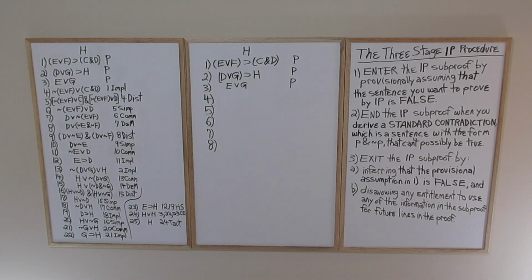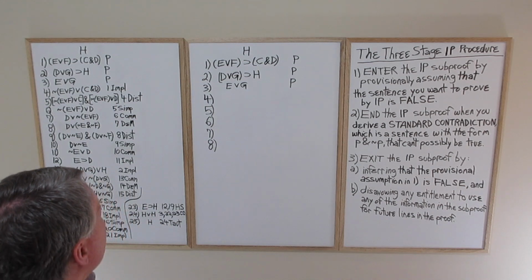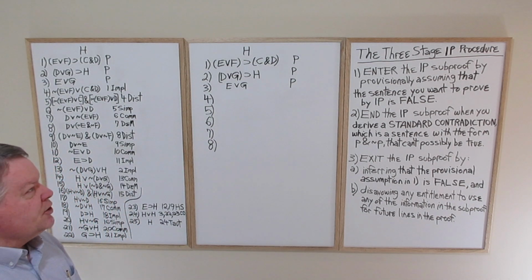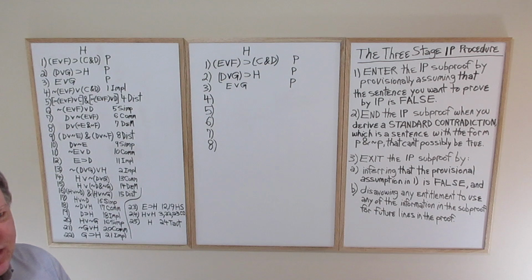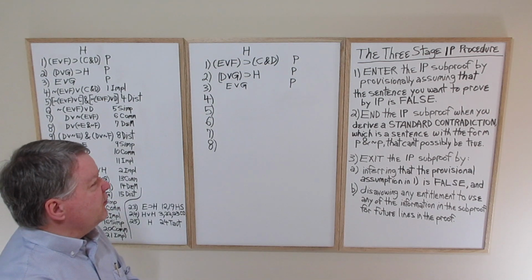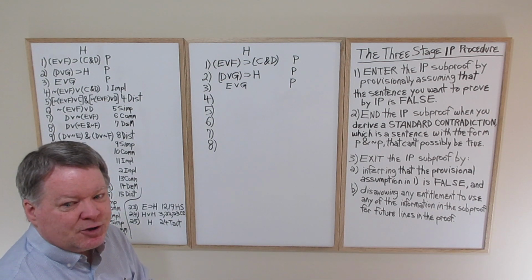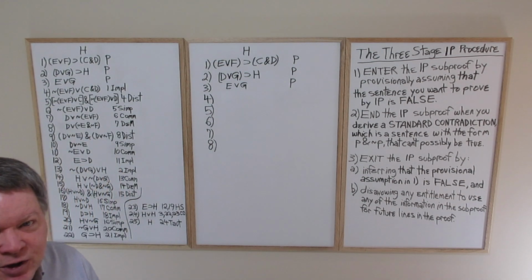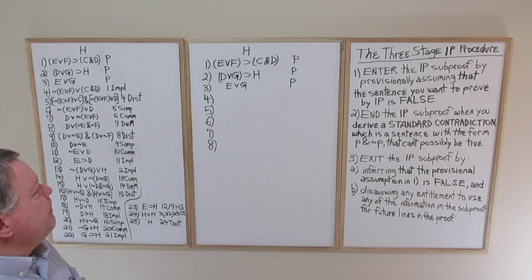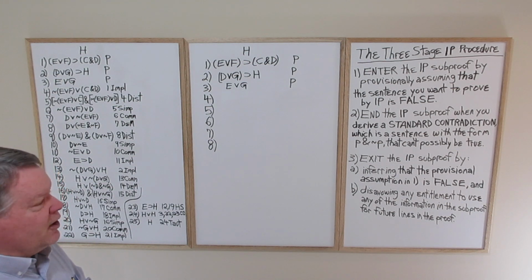Having familiarized ourselves with the CP subproof procedure, we can now move on to the three-stage IP subproof procedure. One important difference between the CP and the IP subproof procedures is that the CP subproof procedure is limited in a pretty significant way.